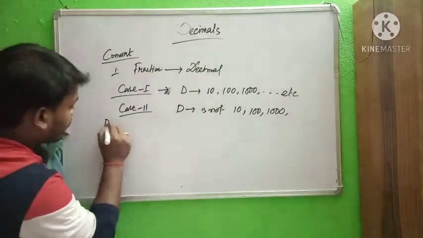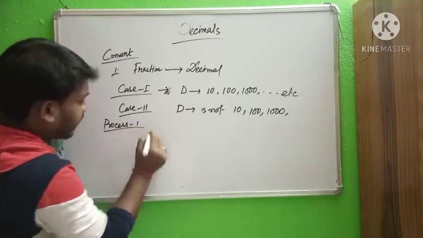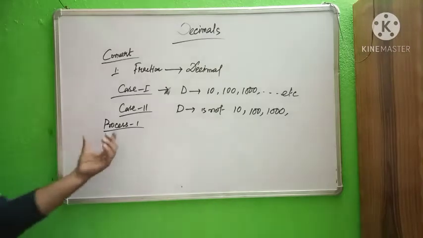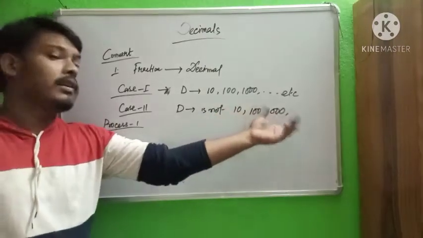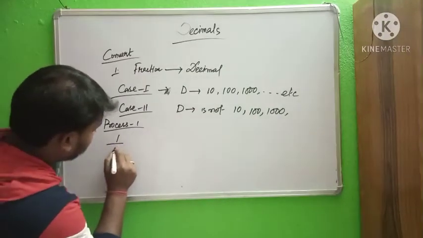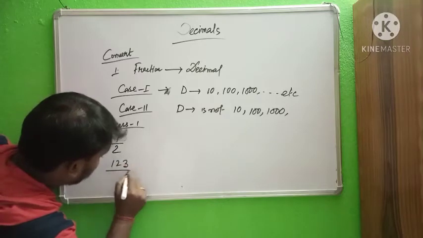Process 1 is by converting the denominator into 10, 100, 1000 etc. For example, 1 by 2, 123 by 25.